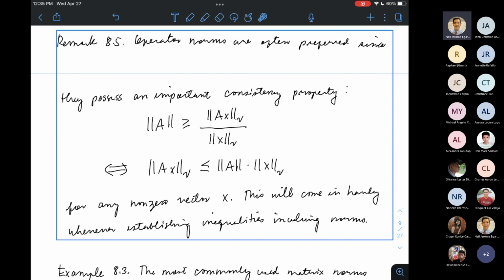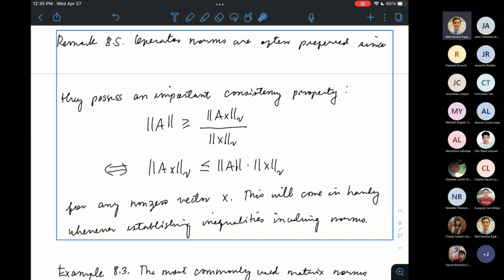So let's just bear this in mind na yung action ng isang matrix A ay hindi masyadong pinapalaki yung size ng vector x because the size of the image of a vector x after transformation by a matrix A ay hindi lumalampas dun sa operator norm ni A times the size of the vector x.